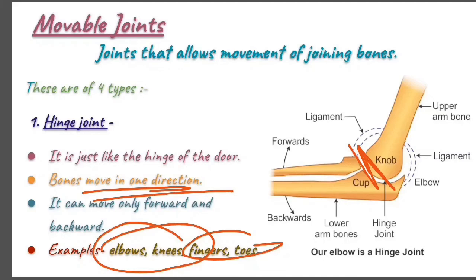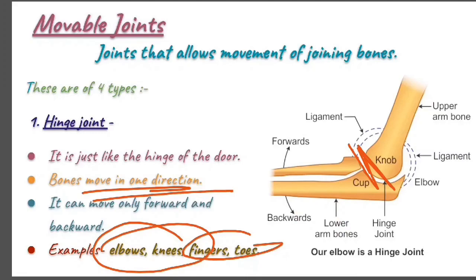It makes your arm straight, but it cannot take the bones of your lower arm into another direction, so it can move only forward and backward.